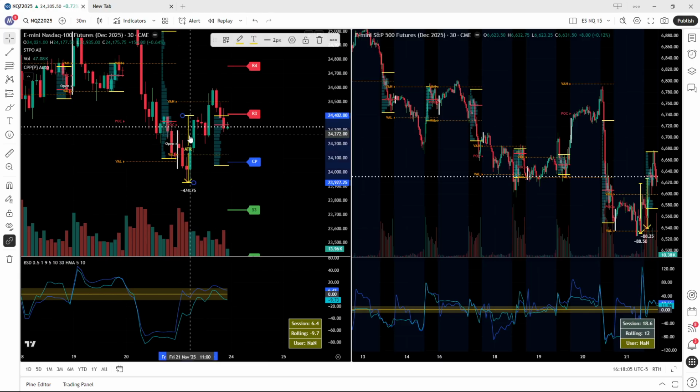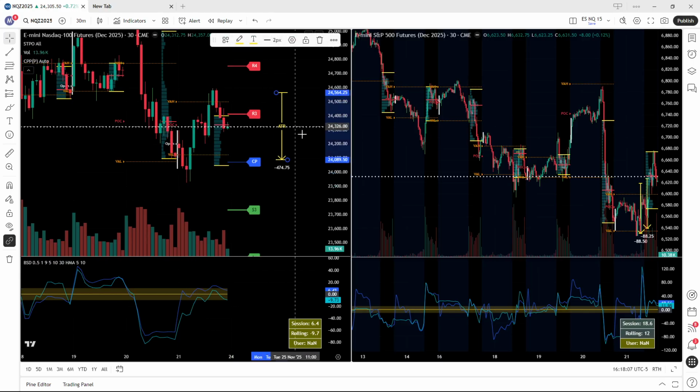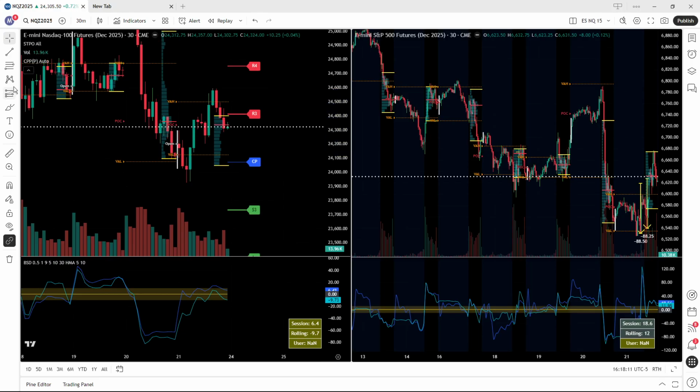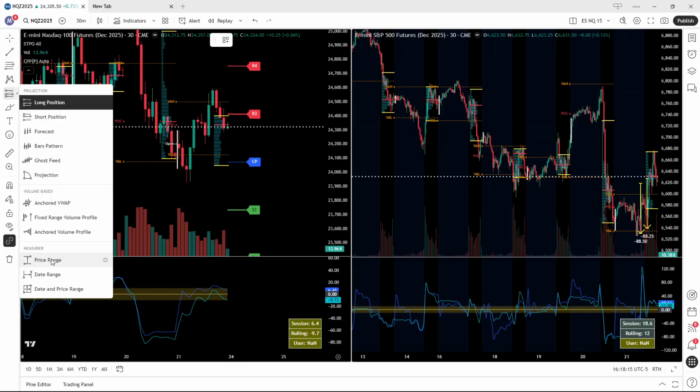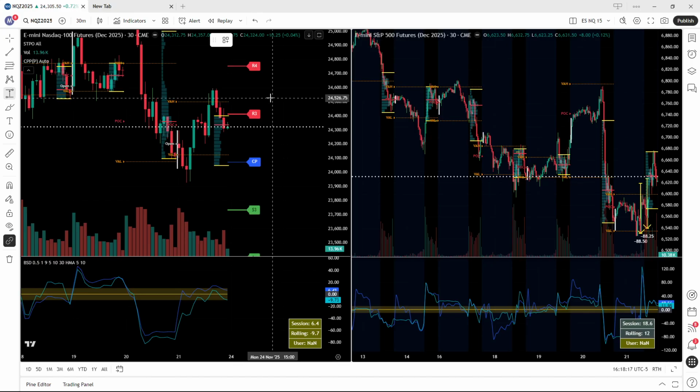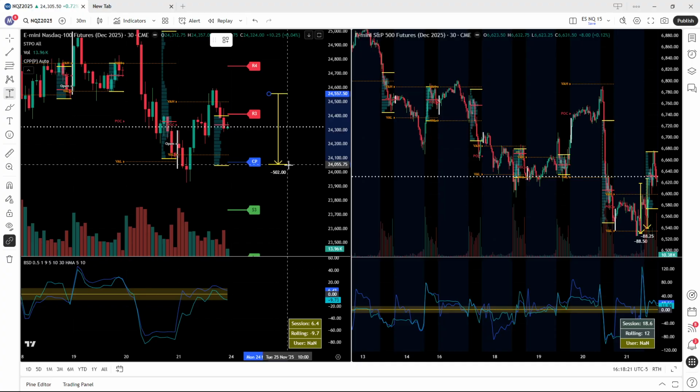The other thing I do, so you'll know, is I create an ATR guideline for when I'm trading during the day. And if you go over to this bug, come down to price range, NQ has an ATR of about 488, somewhere there, call it 490-ish.